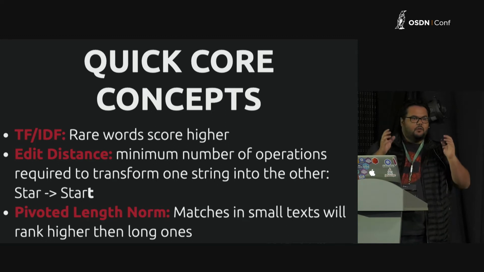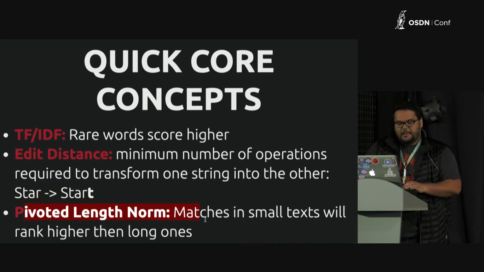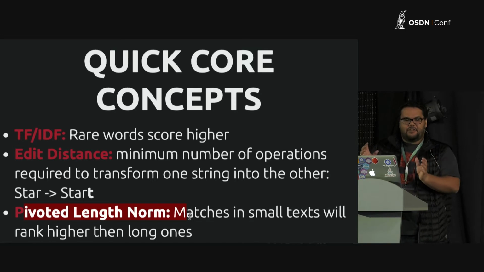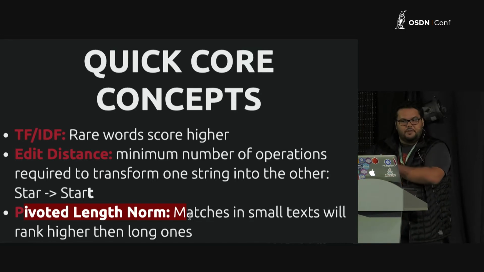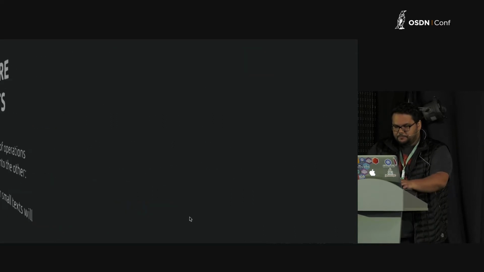For instance, to transform star to start, it only takes one operation because I just have to add one letter. And pivoted length normalization means that a text matched in a tweet, for instance, in a small text, will rank higher than a text matched in a 50-page long document. Those are the key concepts.